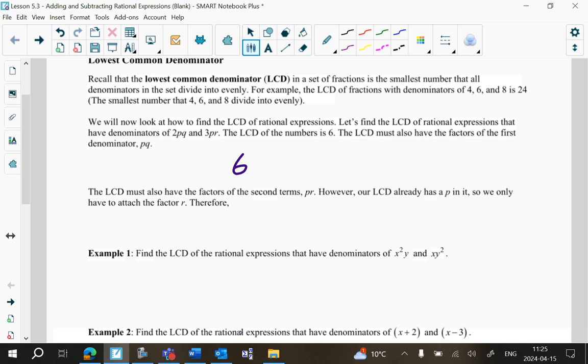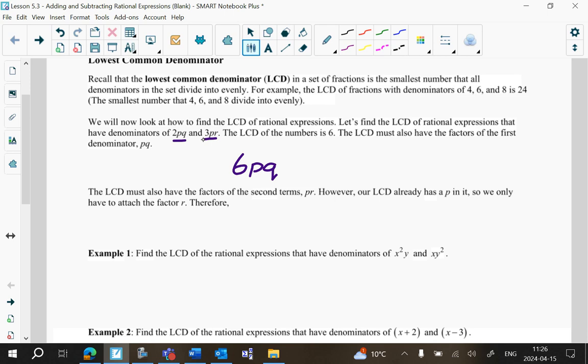If I look at the first denominator, not only does it have to have a 6 in it, but it must have a p and q in it for this to go into it. So right now, my lowest common denominator, if it is the final answer, is 6pq. 2 and 3 go into it, p and q go into it, but then when you look at your second denominator, there's a p in the second denominator, but I don't need to write it again because it's already here.